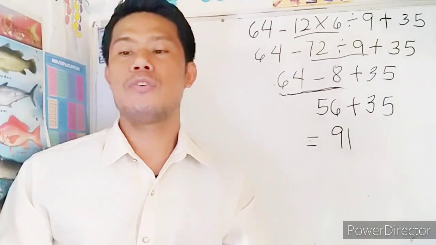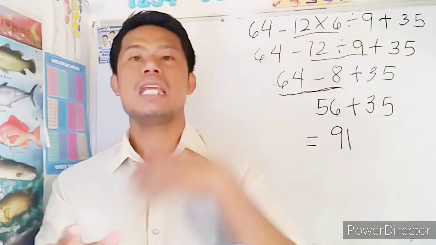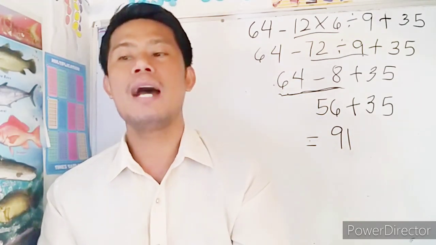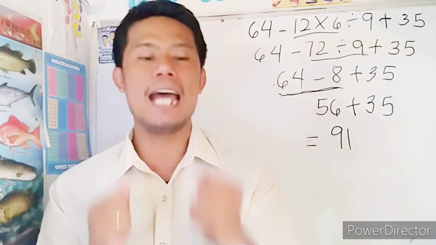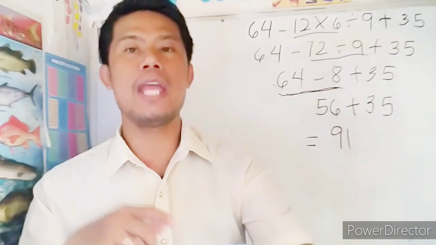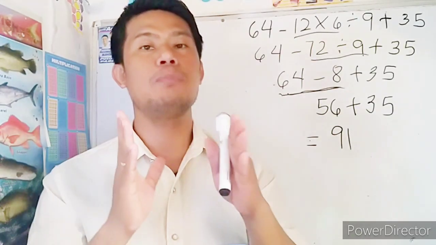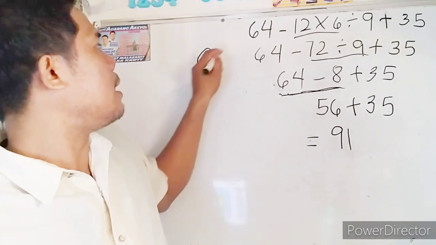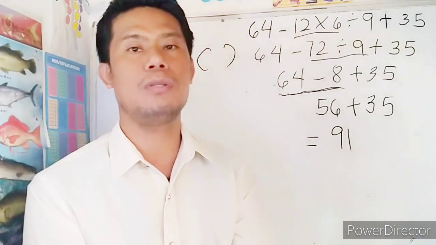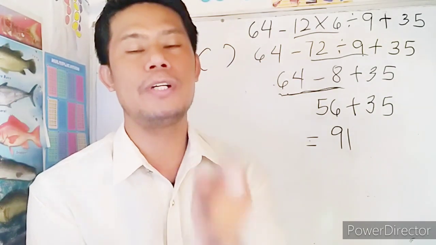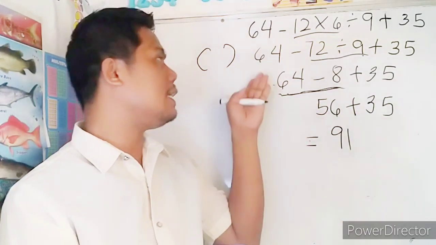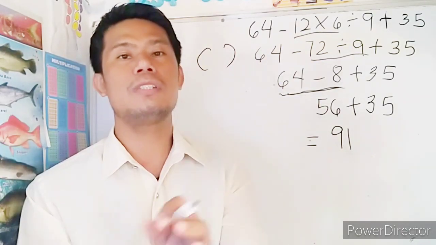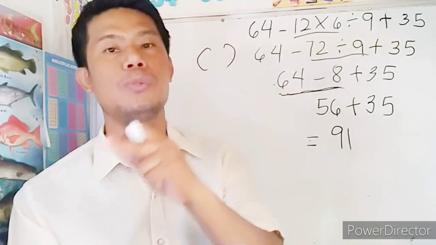So, again, you're going to remember that you are going to work from left to right and perform multiplication or addition. Again, you are going to analyze the equation before you solve. If your equation has a parenthesis or a grouping symbol, you are going to perform first those operations inside this symbol. Then, you are going to look for the operation that comes first from left to right.